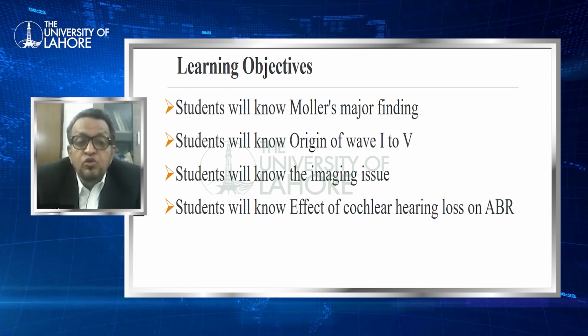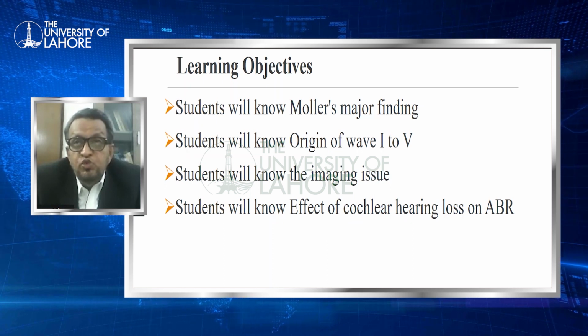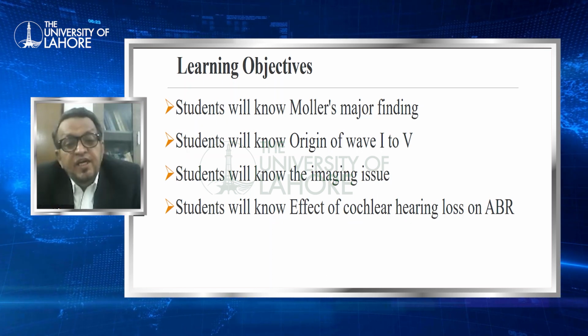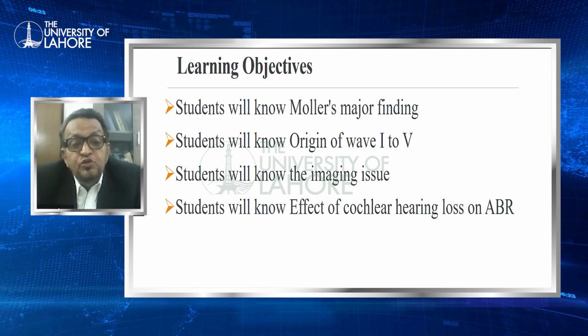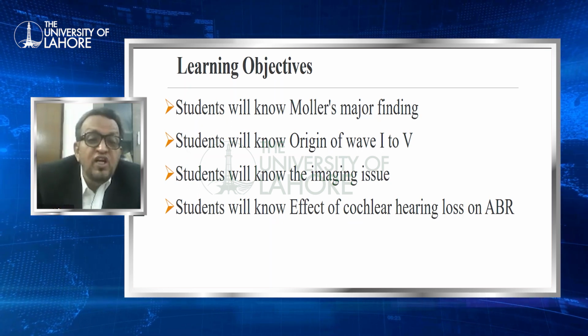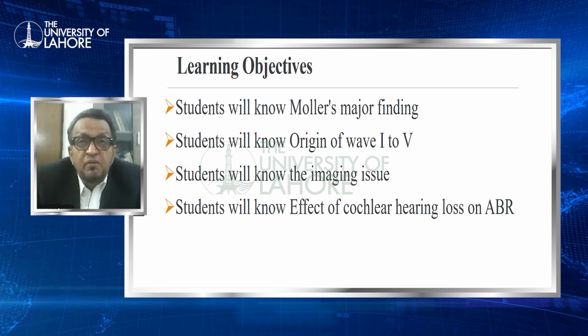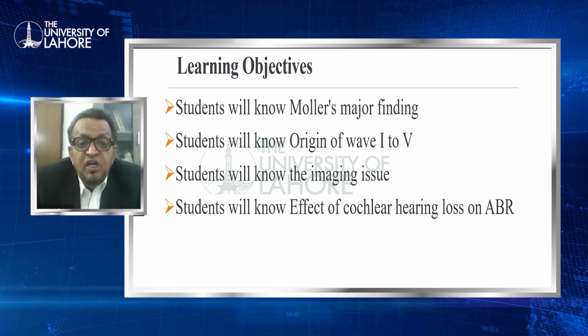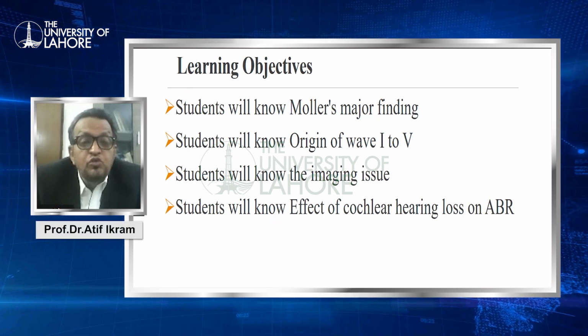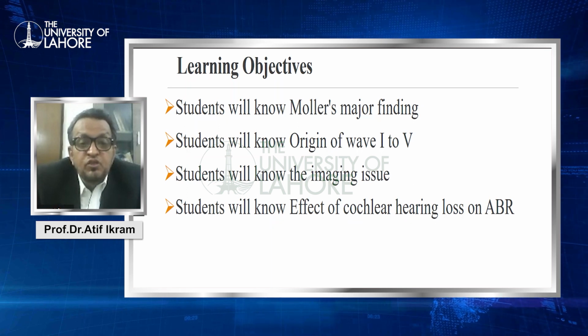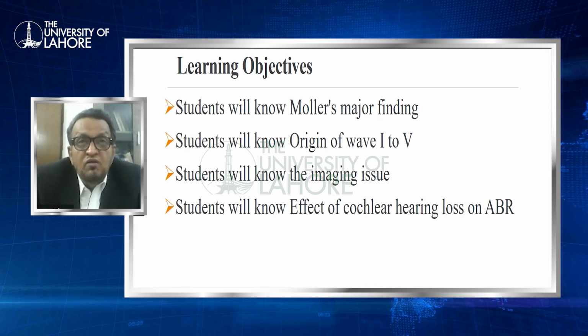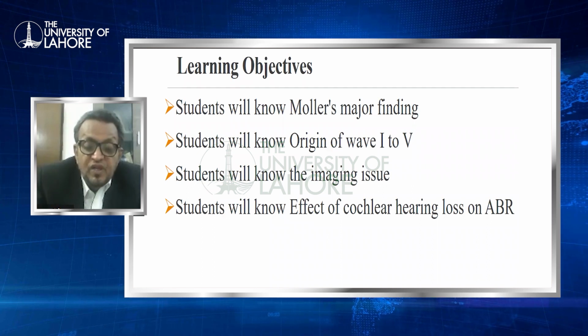Students will also know some of the imaging issues that are involved regarding ABR. Students will know the effect of cochlear hearing loss on ABR. That is mainly why ABR is used in children, to get cochlear hearing loss diagnosed.